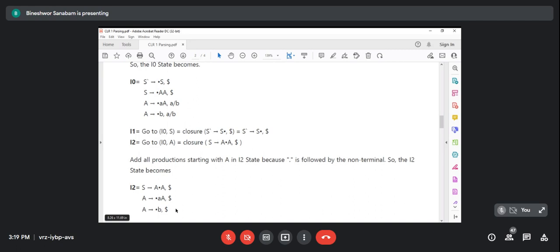In I0, the third and fourth productions have a different look ahead than what you see in I2. In I2, these two productions are the result of our closure.